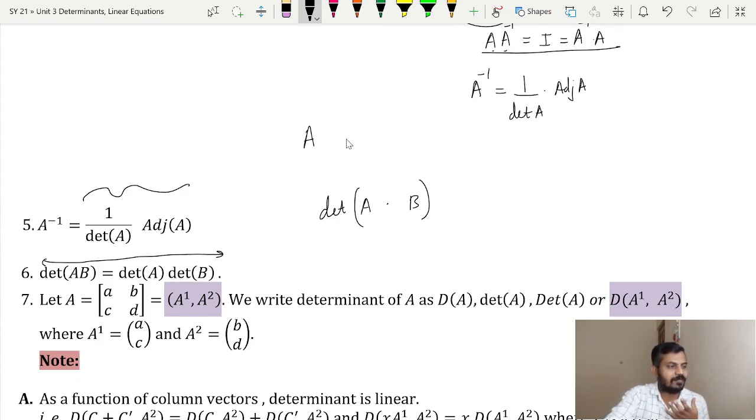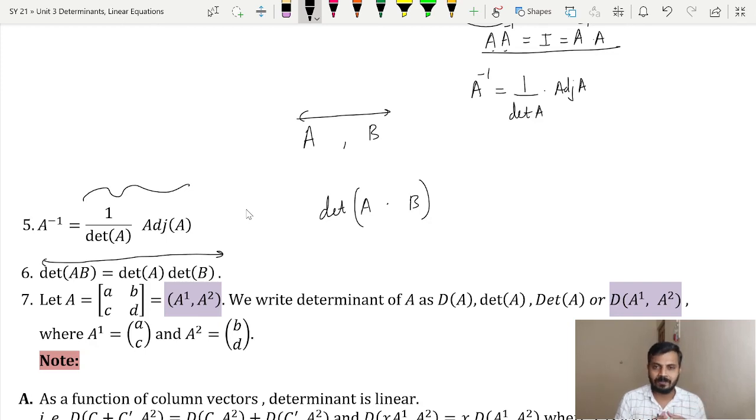If matrix A is given, if matrix B is given, and if the determinant of A multiplied by B is asked, first of all we will find the multiplication of A and B, and then we will find the determinant.